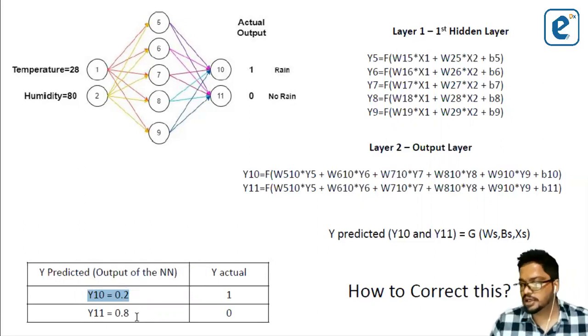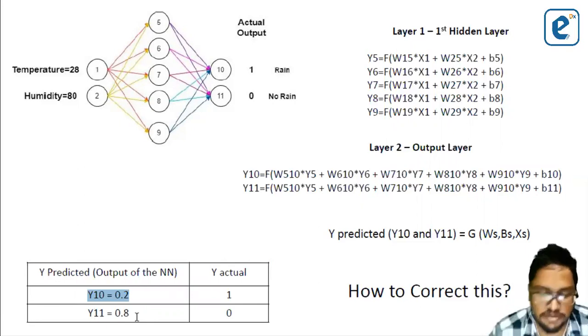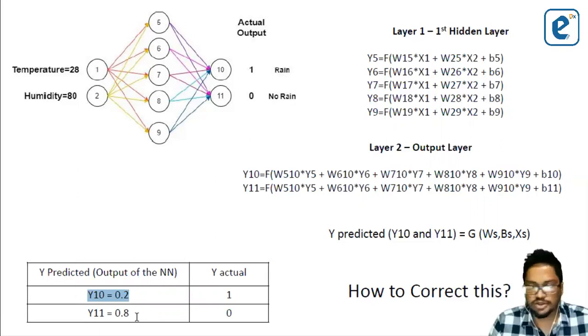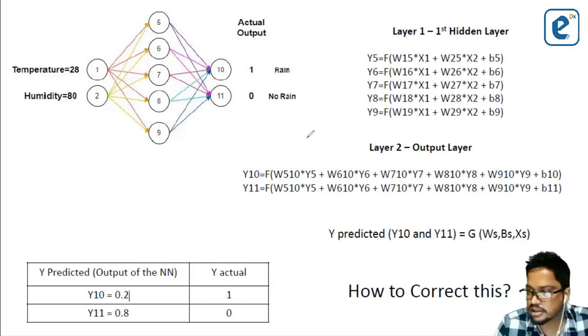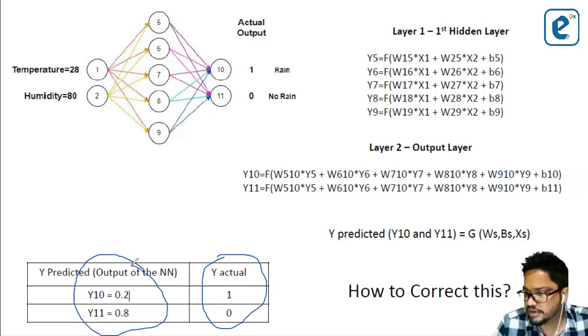So the y actual will be 1 and 0, since we know this is coming from the data set, right? And this is the neural network predicted value.